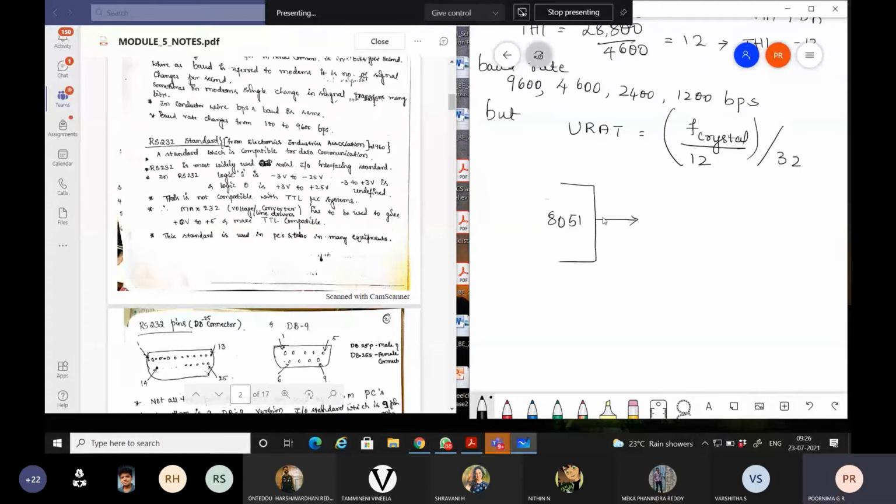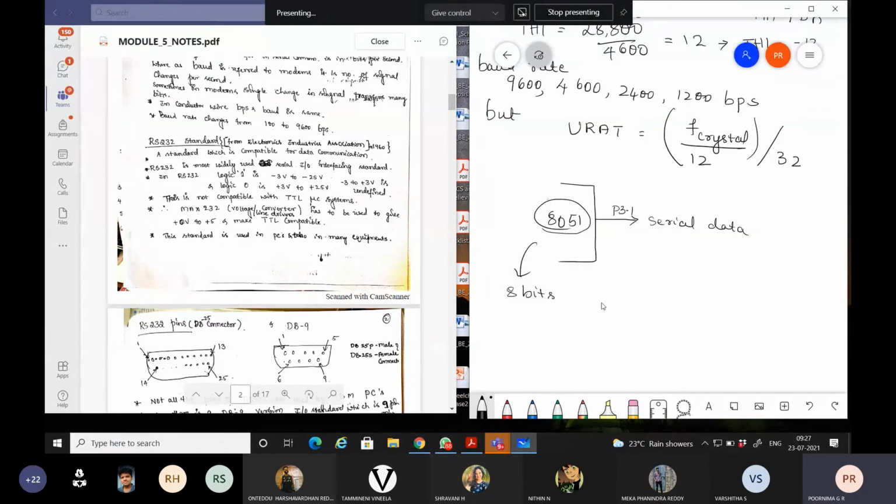Out of the 4 ports, any pin can be configured for output, transmitting the data. Say, for example, when P3.1 has to be configured for serial data transmission, the 8051 already has 8 bits of data.